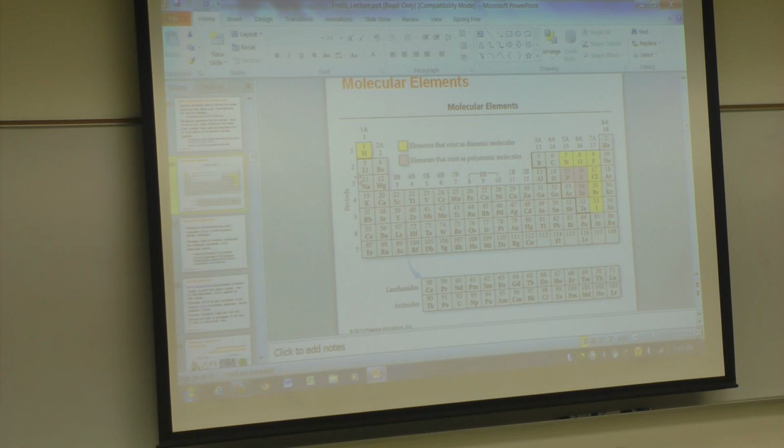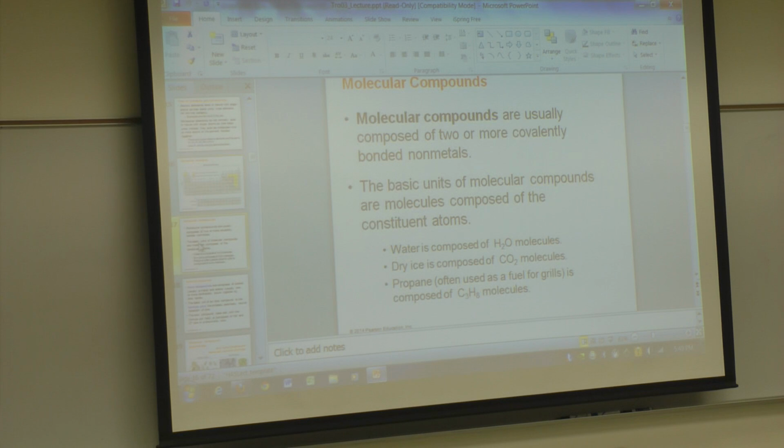And so here are the elements that exist as diatomic gases in yellow, and in light pink, elements that exist as polyatomic molecules. So do take a note of that. Molecular compounds are composed of 2 covalently bonded nonmetals.